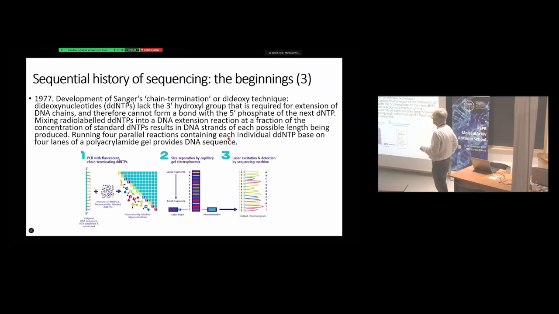So initially it was done with radiolabeled dideoxy dNTP, but then it was replaced by fluorescence, and you have the characteristic pattern that you have probably seen in the textbook that were used for the large effort of sequencing.